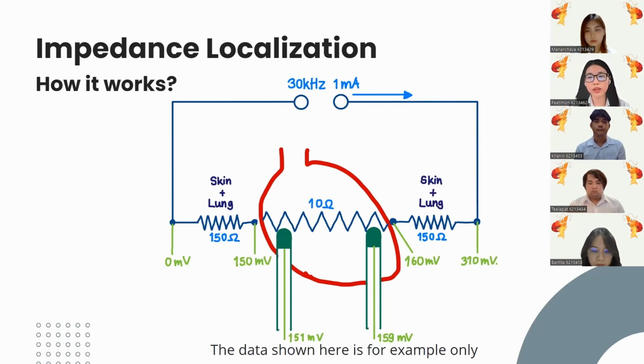For example, as you can see in the picture on the X-axis, if the internal impedance is 150 ohms and the heart is 10 ohms, the catheter can be measured in the range of 150 to 160 ohms. So when the physician moves the catheter around the heart, data will be collected to draw the heart image later.